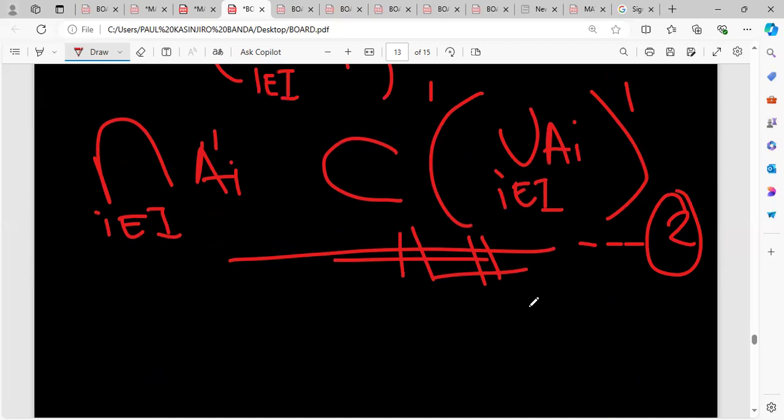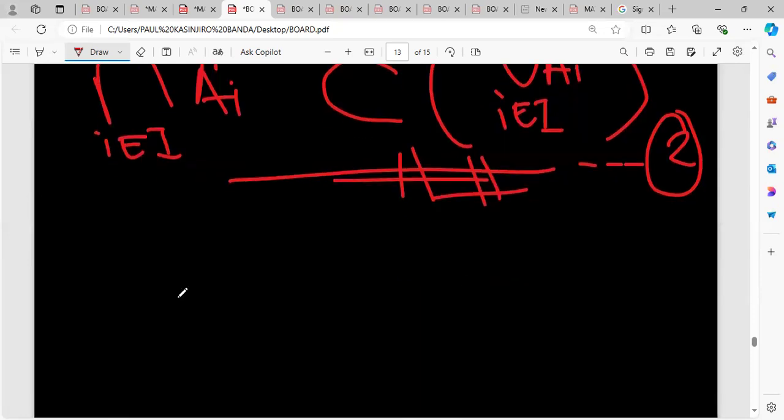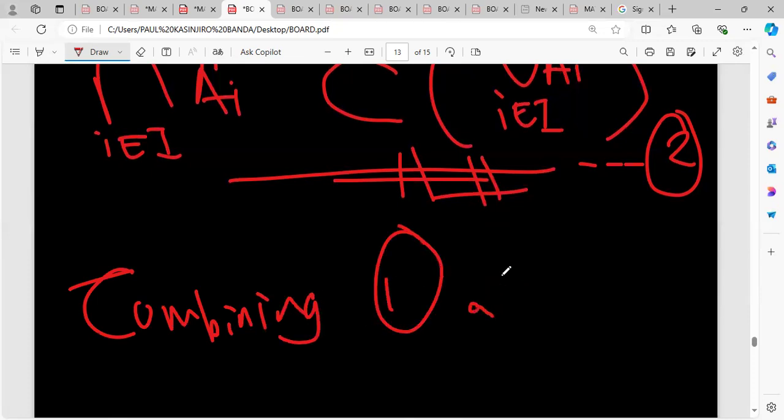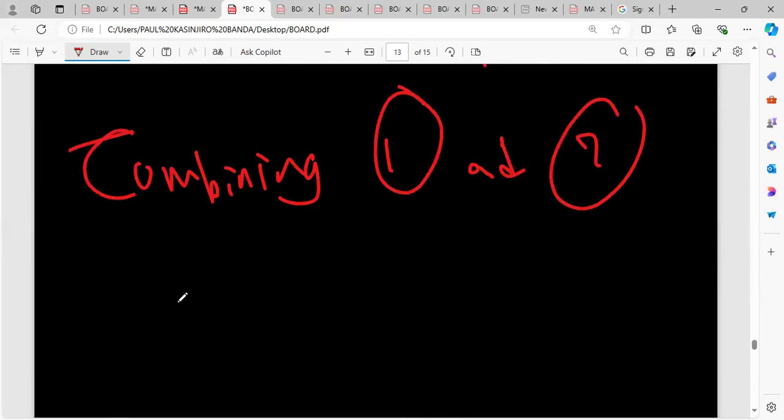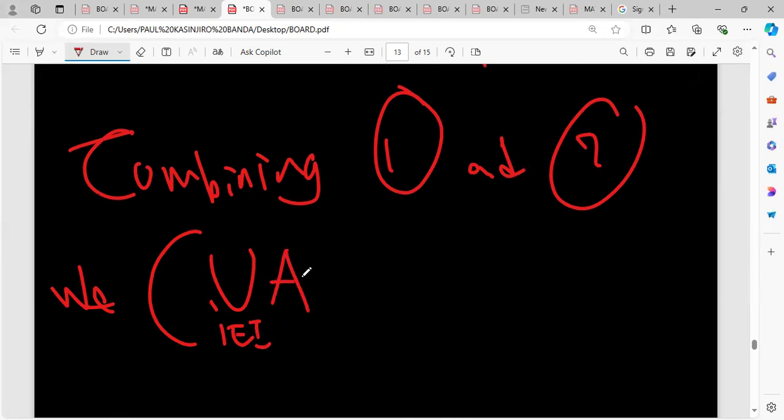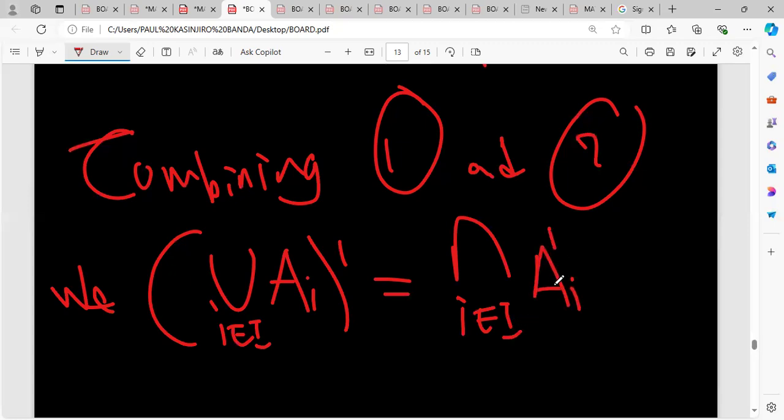Since we've shown that the left is a subset of the right and the right is a subset of the left, we can conclude that, combining 1 and 2, the union over I in the index set of A_I complement is equal to the intersection over I in the index set of A_I complement, like that.